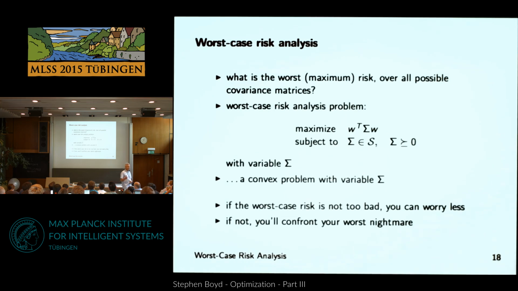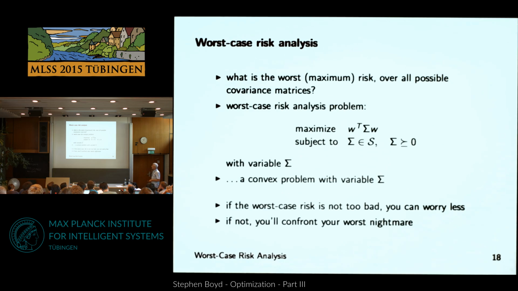So this is pessimization. This is getting the worst possible answer. So you simply maximize this, and the variable here is sigma. This is actually a convex problem, because you're maximizing a linear function subject to sigma being positive semi-definite, and sigma in the set of covariance matrices you believe. So that's it, right?